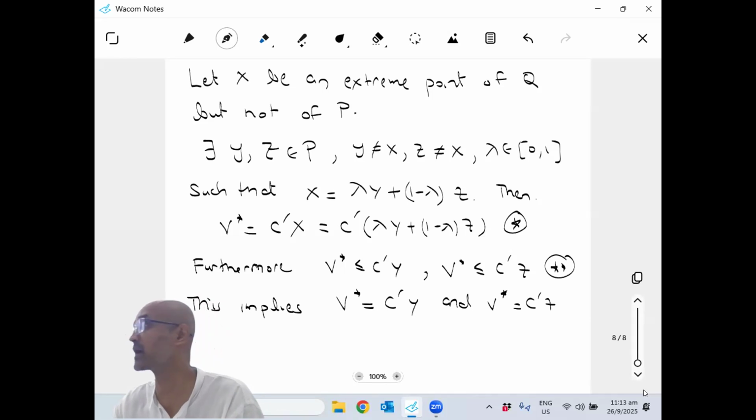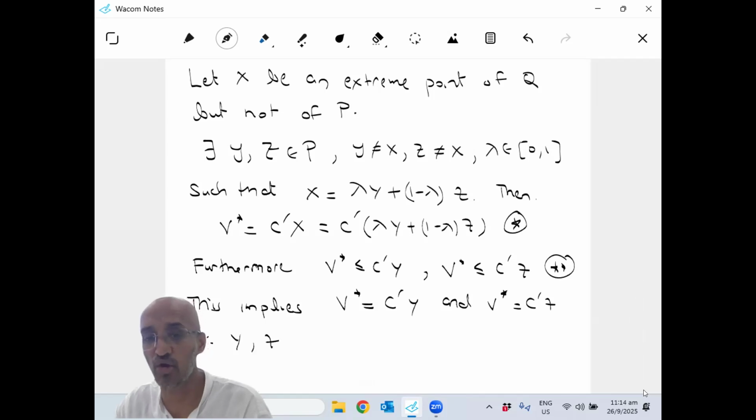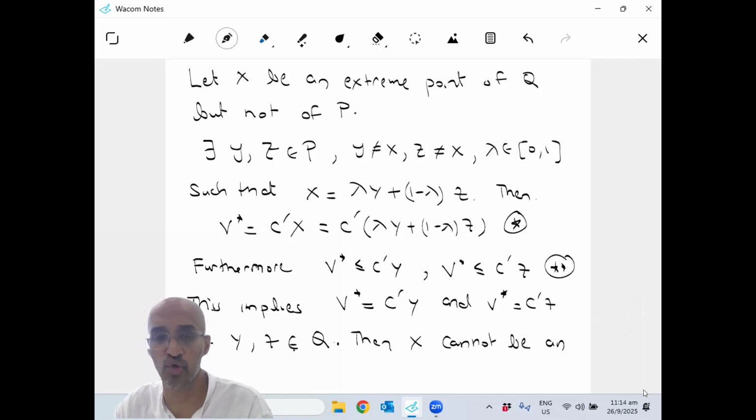The only way this can happen is term by term equality. Which means Y and Z also lie in the set Q, then X cannot be an extreme point of Q, violating our assumption.